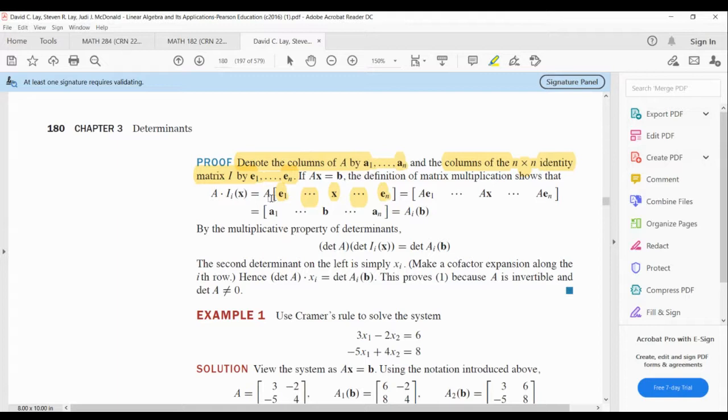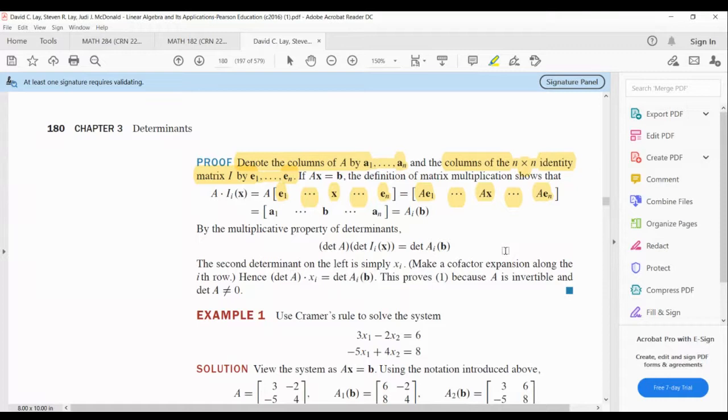So the matrix A times this I_i(x) matrix would just be, using the definition of matrix multiplication, the matrix whose columns are A e1, A e2, then you've got A x, and then more columns, and finally A en.